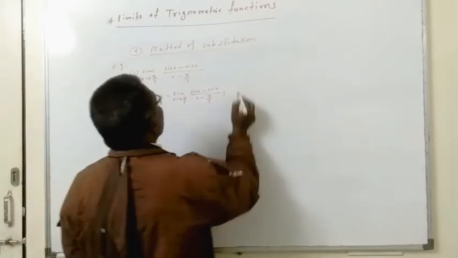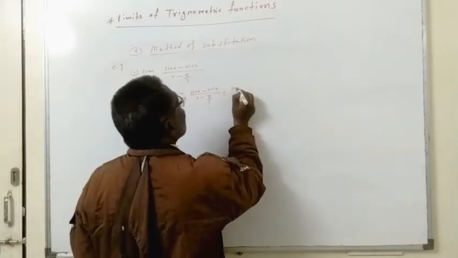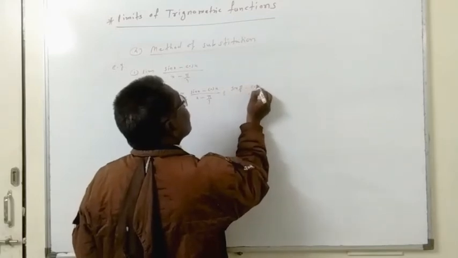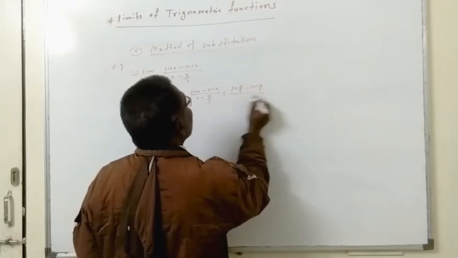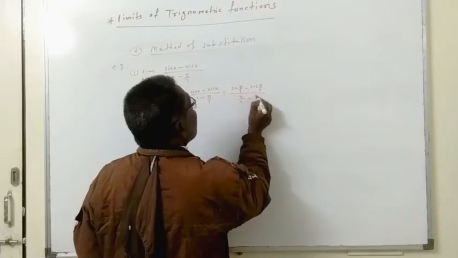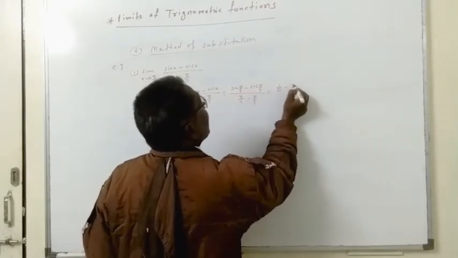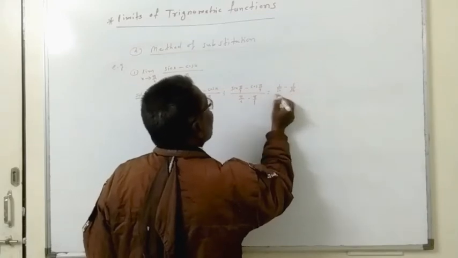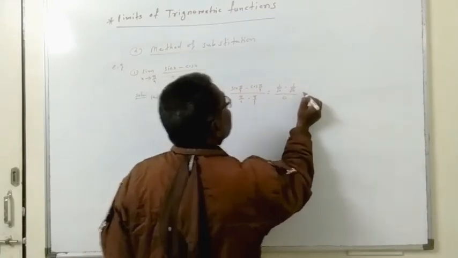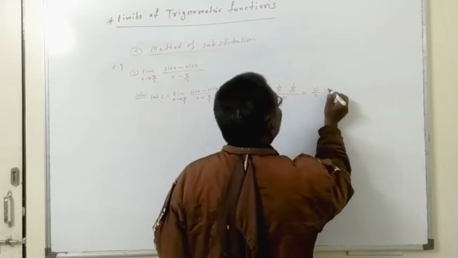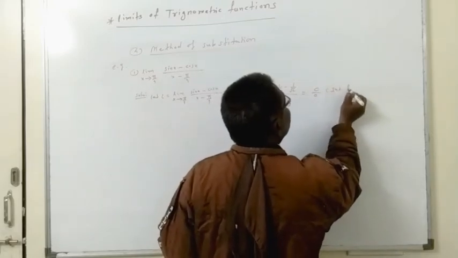Now by the direct method we put x equal to pi by 4 here. So (sin pi by 4 minus cos pi by 4) divided by (pi by 4 minus pi by 4). Now sin pi by 4 is 1 upon root 2, minus cos pi by 4 is also 1 upon root 2. Pi by 4 minus pi by 4 is 0. So 0 upon 0, indeterminate form.